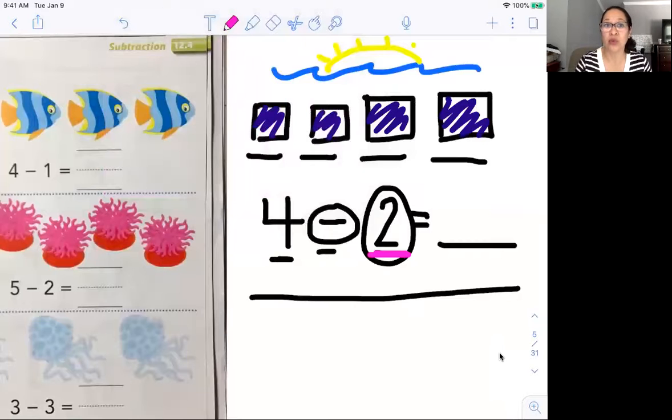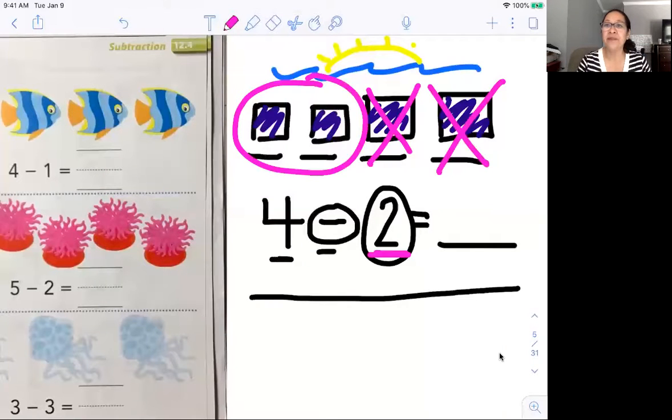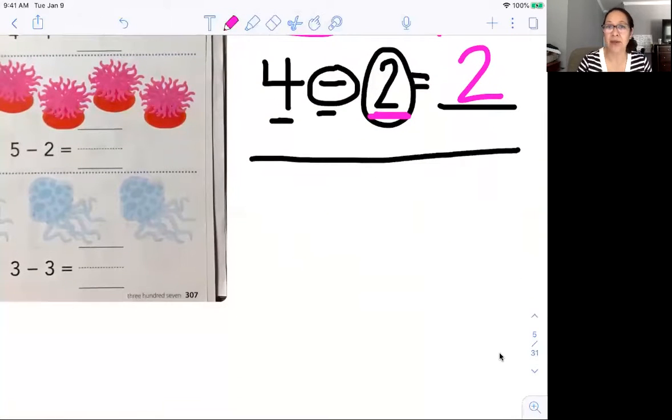That means that we're going to X 2. We're going to cross off 2, 1, 2. How many are left over? 2. So you're putting 2 here. So 4 minus 2 equals 2, right? You got it?